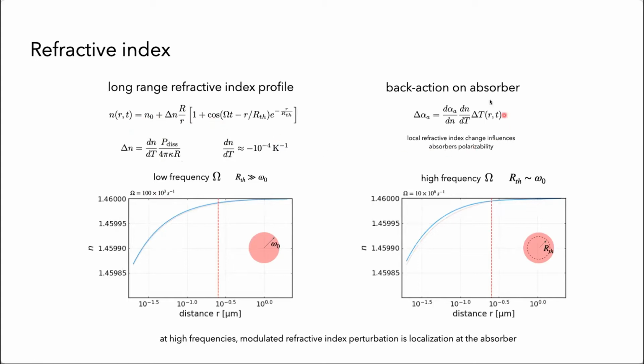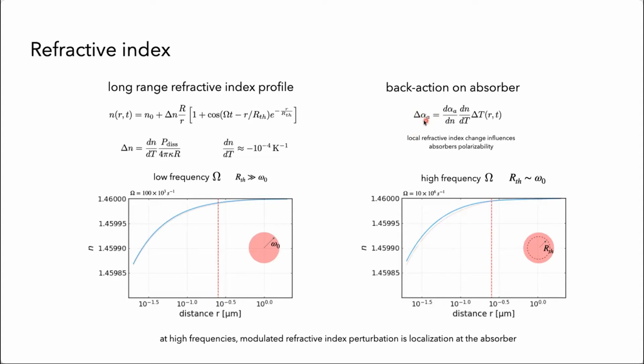Besides that refractive index change, there's also a back action on the absorber. If you think in particular of a gold nanoparticle, it shifts its plasmon resonance if you embed it in media of different dielectric constant or refractive index. So if you change the refractive index of the environment, you will also change the polarizability of the actual absorber a tiny bit, and that plays a role in some of the cases I'm going to show you.